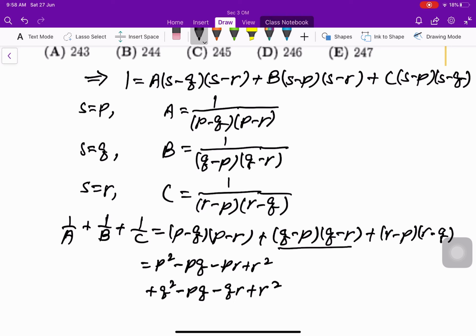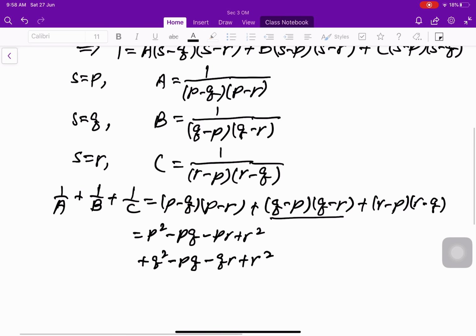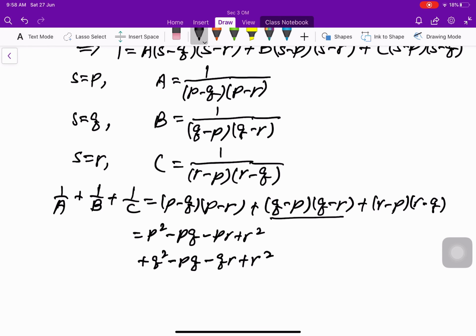And then finally, let's look at the last expansion here. That will be just equal to R squared, and then minus PR, minus QR, and then plus PQ.